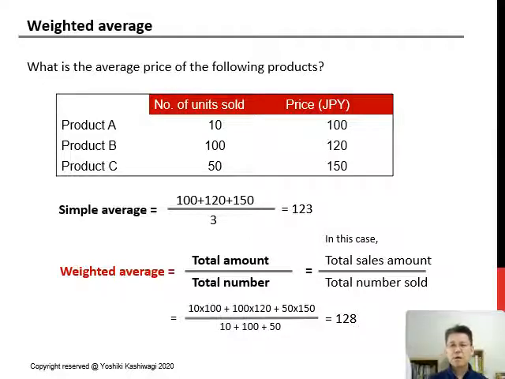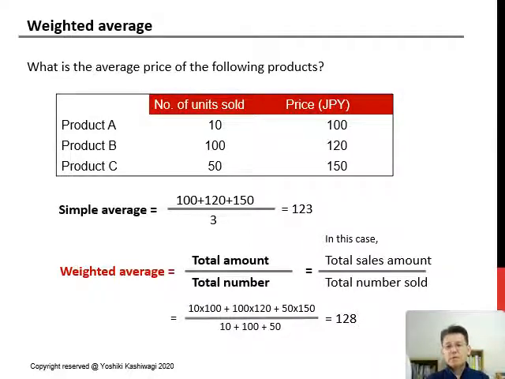So simply adding the unit price of each product and dividing by 3 is not appropriate, simply because you have a different number of units sold by product. If you sold just one unit or the same number of units by product, then yes, you can simply add all those prices and divide by 3.